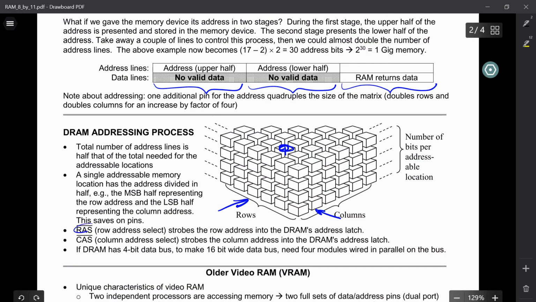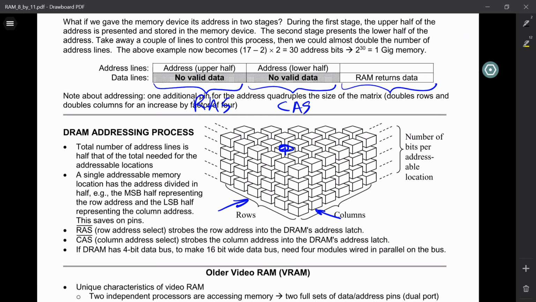One of them is called RAS, and that is a row address select, and that's the one that goes active whenever we're trying to select the row. And then we have CAS, which is a column address select, which goes active whenever we're trying to identify the column. Notice that they're active low. In this diagram, both of these signals have bars over the top of them.